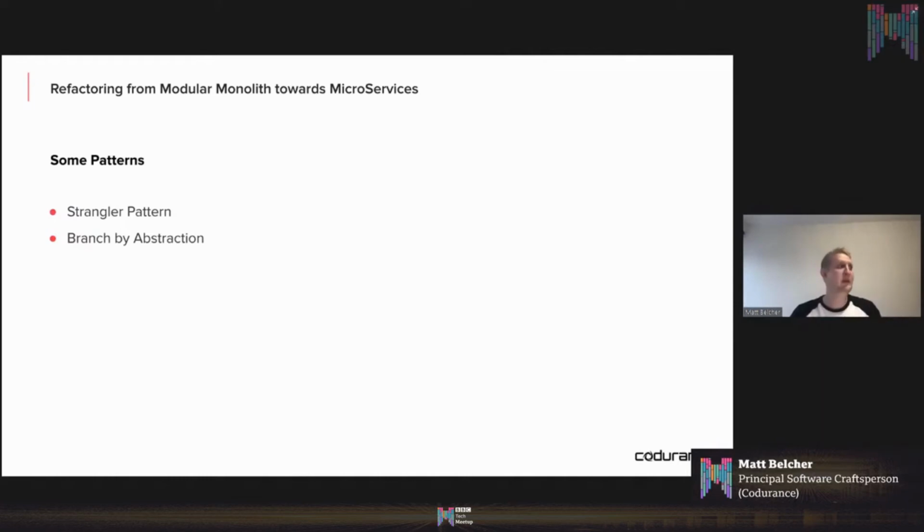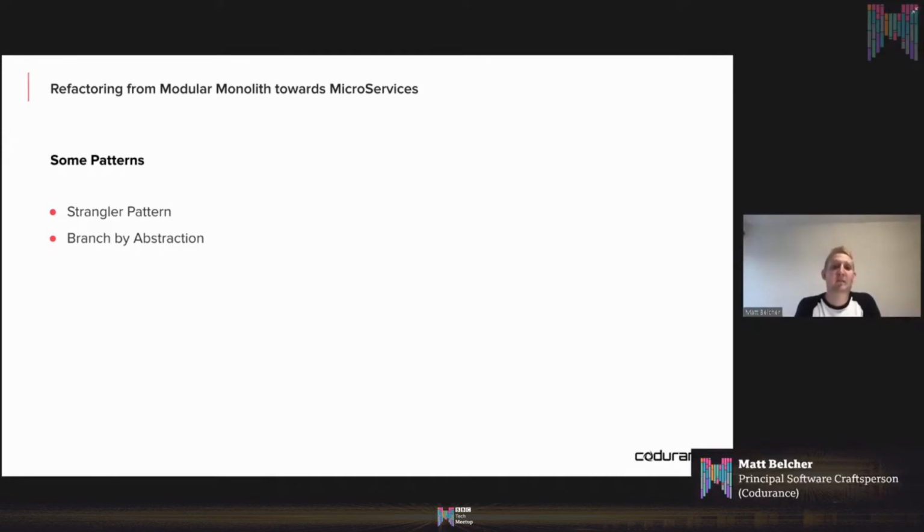So say, for example, we've identified a bounded context that we want to extract out of our modular monolith. There's a few approaches that we can take to allow us to refactor that out into a separate service. It's important to keep in mind that these are essentially refactoring patterns, so we're not changing any behavior as such here. We are refactoring or evolving, if you like, our architecture based on some business need.